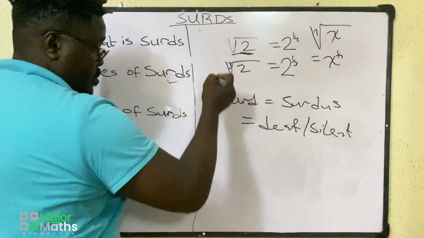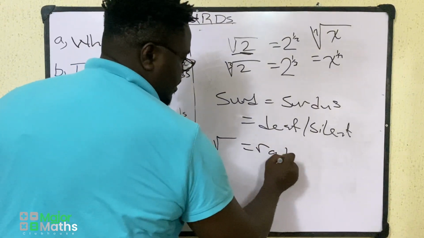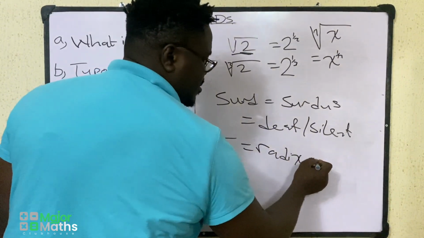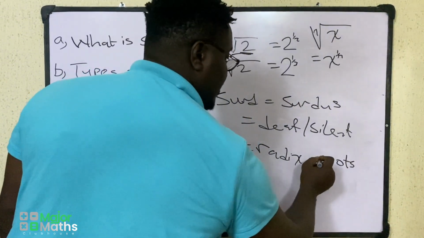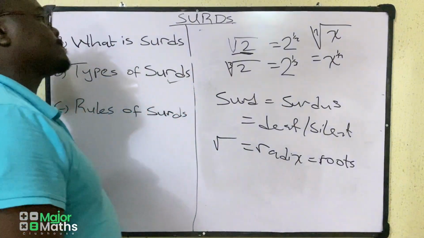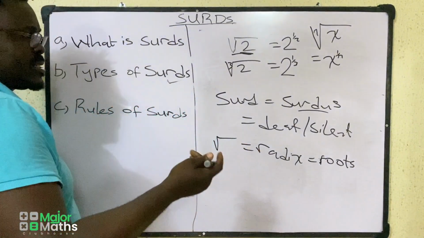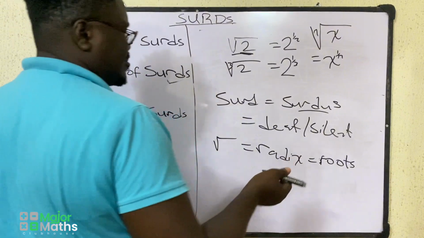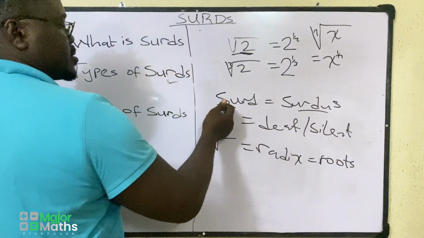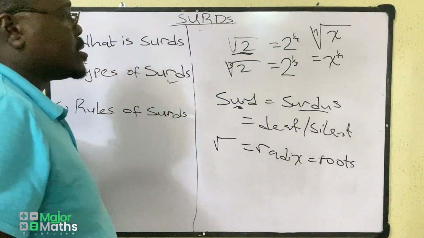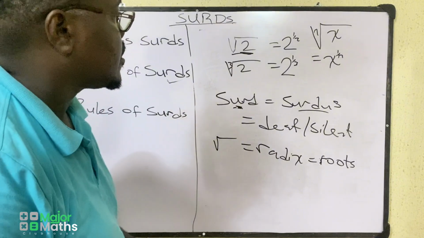And also, root came from the word radix, which also means root in ancient Latin. So this was called surdus until a mathematician, I think that should be Roger Bacon, changed those ideas to surd. So that's that.